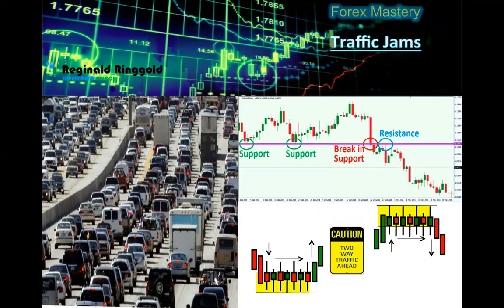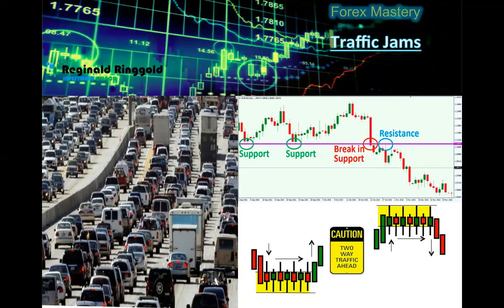Now, let's talk about traffic jams, okay? You know traffic jams as support and resistance. A cluster of candles is a traffic jam, and it creates support and resistance. We don't like traffic jam candles when we're trying to enter the market, okay? We can use these traffic jam candles to help us with our targets, but we don't really like them otherwise. Now, I'm not going to go too deep into the specifics, but just know that this is support and resistance.